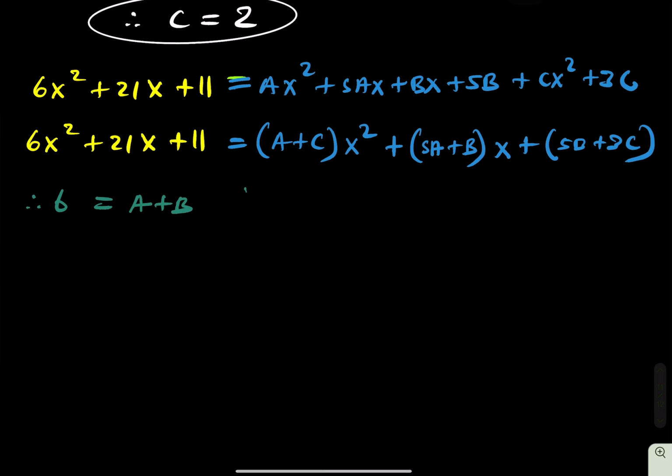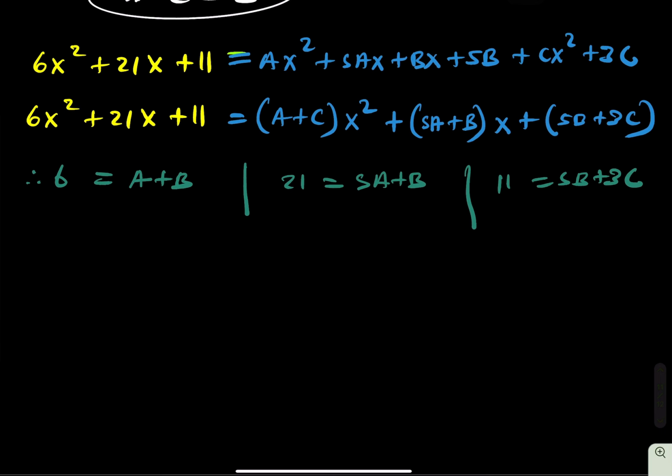The other equation is going to be 21 for x equals this term, and that is 5a plus b. And then the other one is the constant 11. It's going to equal 5b plus 3c. So you want to solve these.